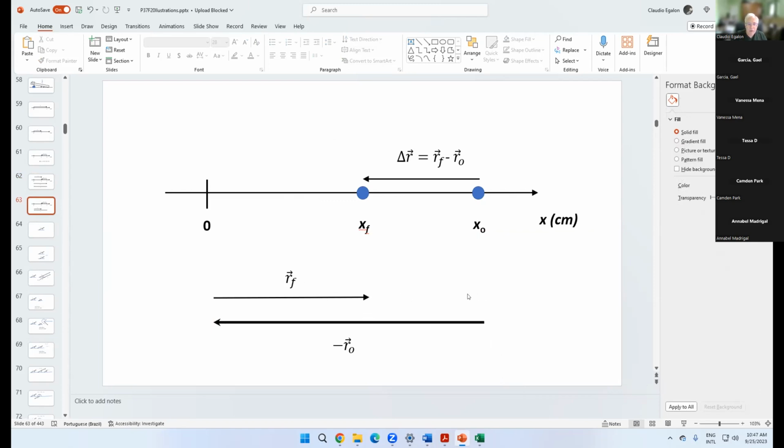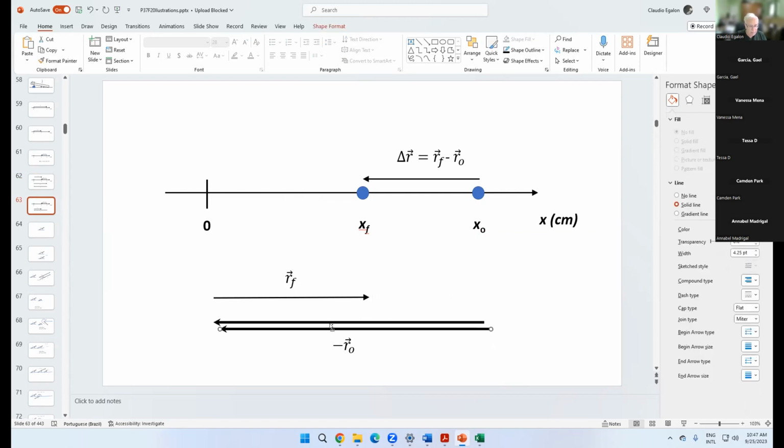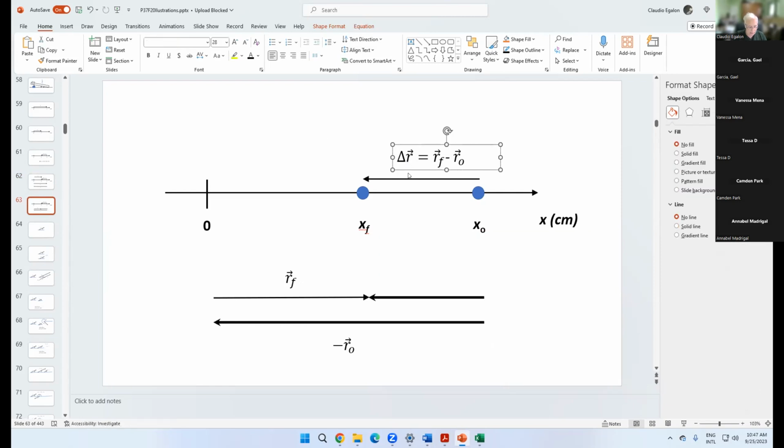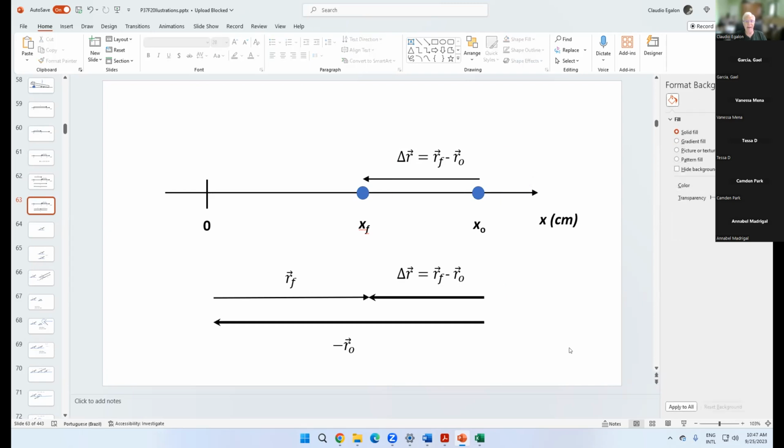Notice that we have this difference between those two vectors. The resulting delta R vector is exactly what you saw here, from the beginning of one vector until the end of the other one. That's what we call the head to tail method in one dimension.